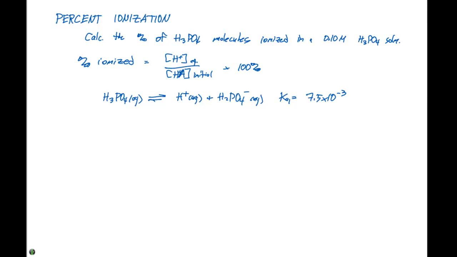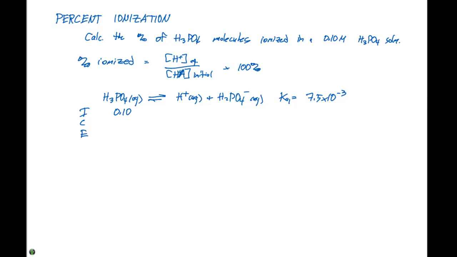And remember, if we have a polyprotic acid, the concentrations of everything are going to be dictated by Ka1 since it's much larger than Ka2 and Ka3. So we don't need to go into any in-depth calculations with H2PO4 and HPO4. So we can just set up an ICE table with this particular reaction.